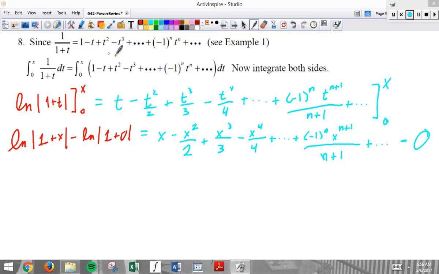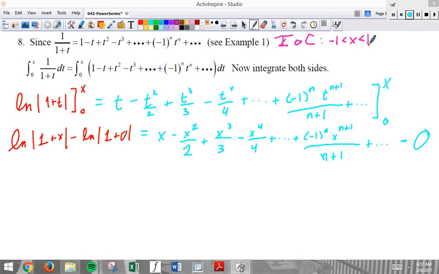Let's think about the interval of convergence. What was the IOC over here? If you look back at example 1, the interval of convergence here was x is between -1 and +1. So if x is strictly greater than -1, this is always positive.